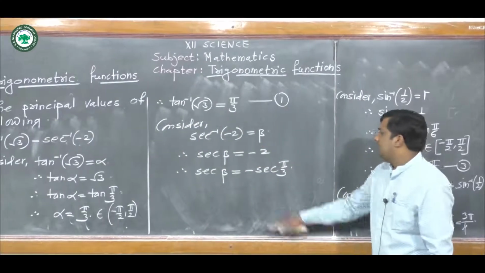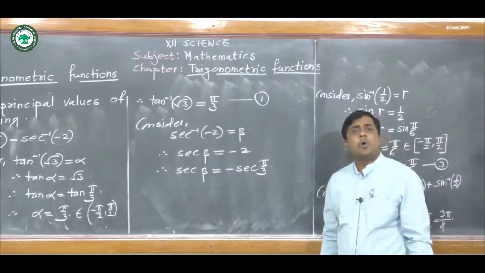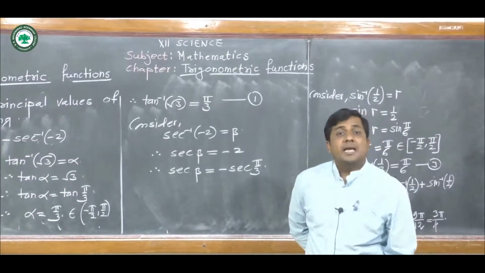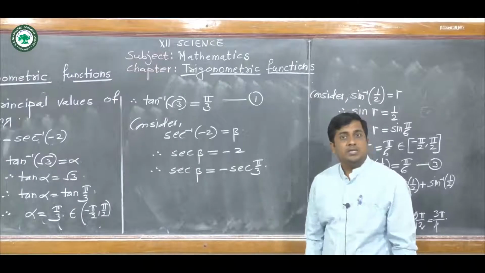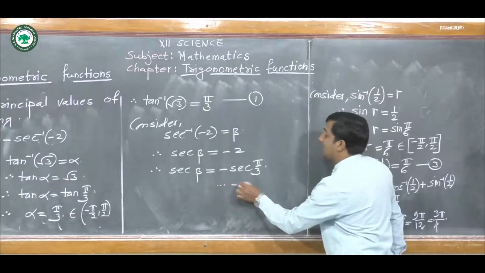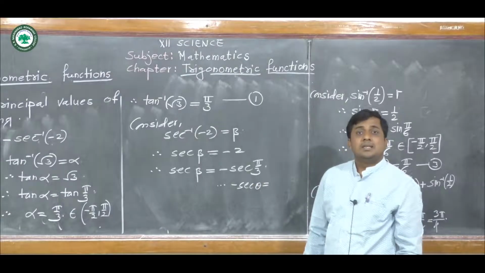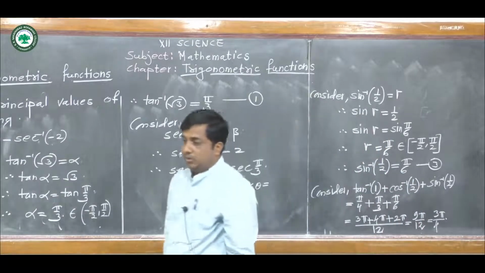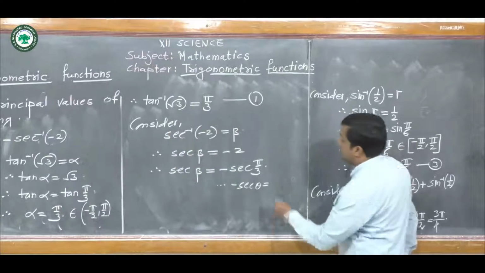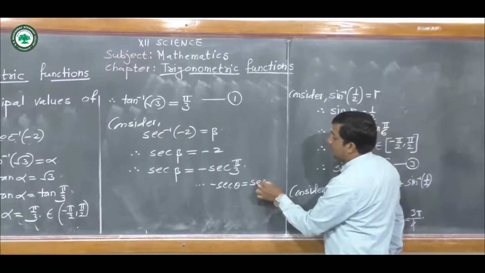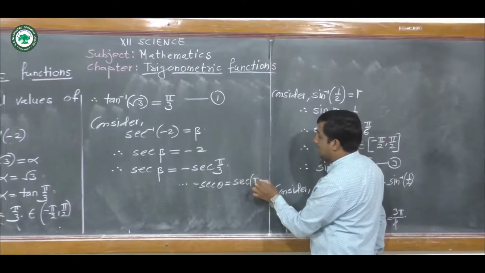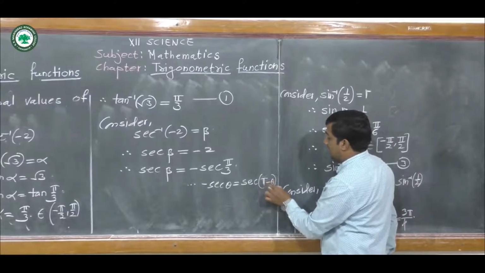Now we know this minus sec pi by 3 is in the form minus sec theta. And we know this minus sec theta is sec of pi minus theta.